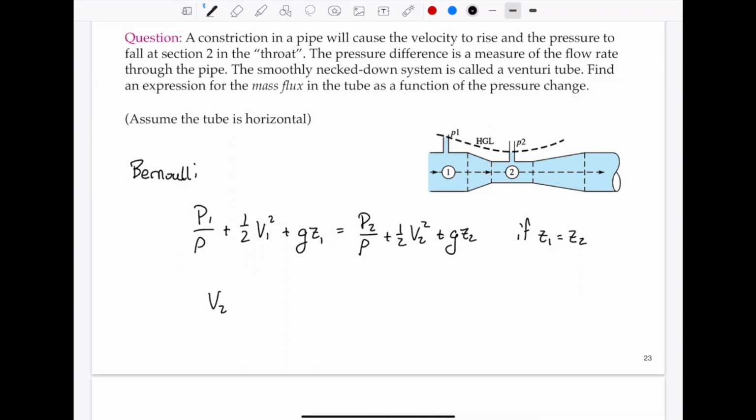And we get V2 squared minus V1 squared, so the difference of our velocities squared is equal to 2 times delta P, or P1 minus P2, our difference in pressure, divided by rho.